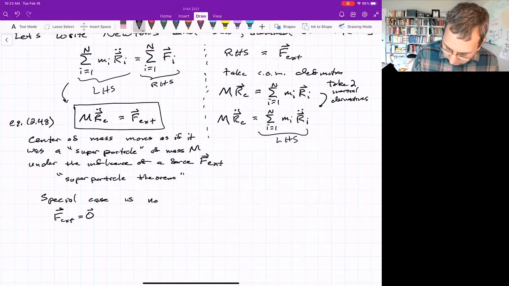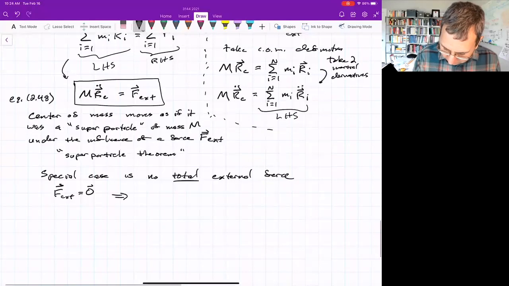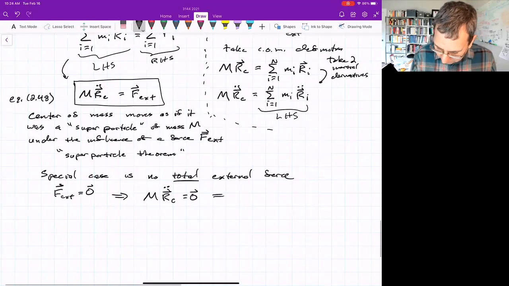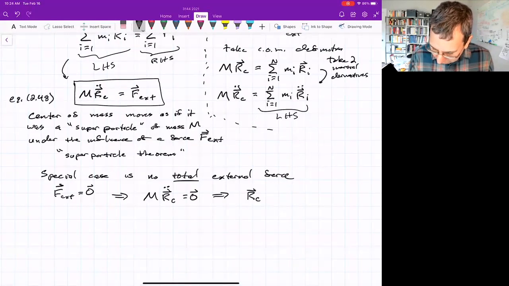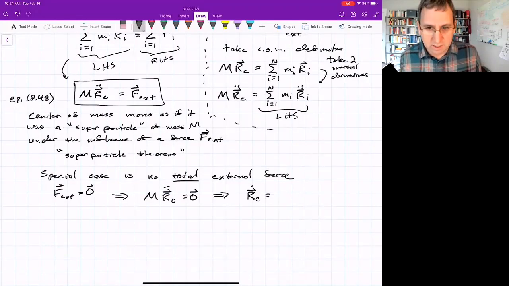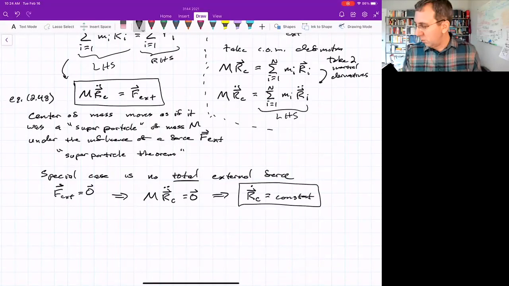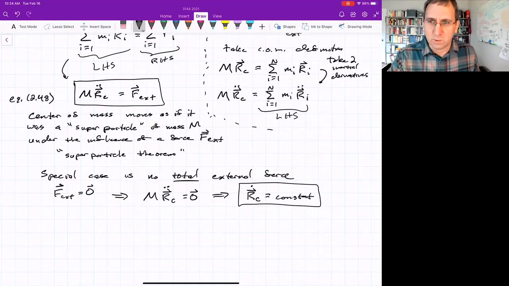That implies that m RC double dot equals 0, which implies that the inertial velocity of the center of mass of the collection of particles is a constant. It moves with constant speed and constant direction forever and ever. It doesn't tell us what the rest of the particles are doing. They might, who knows, be doing some crazy stuff.